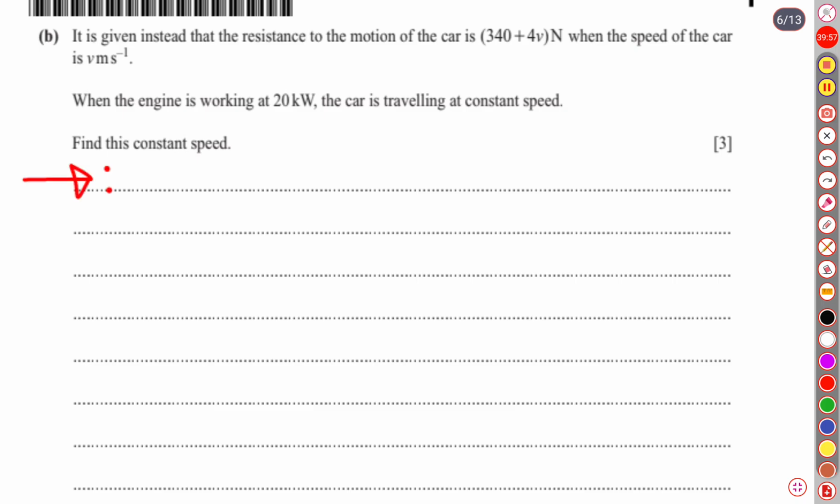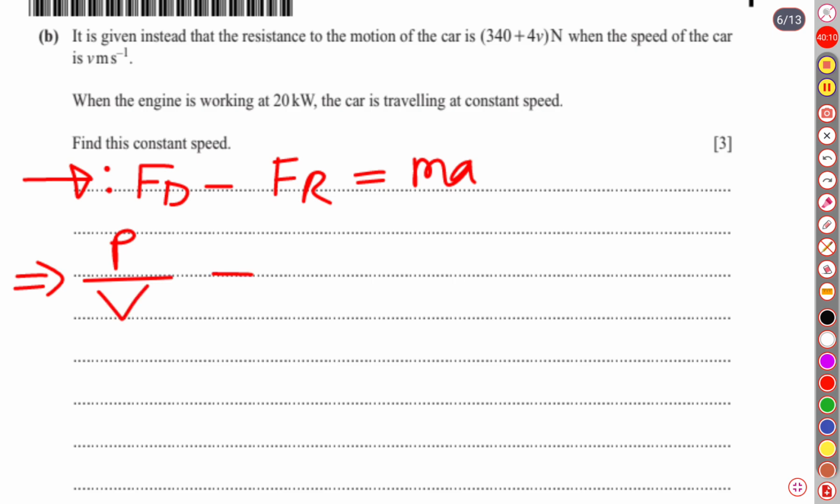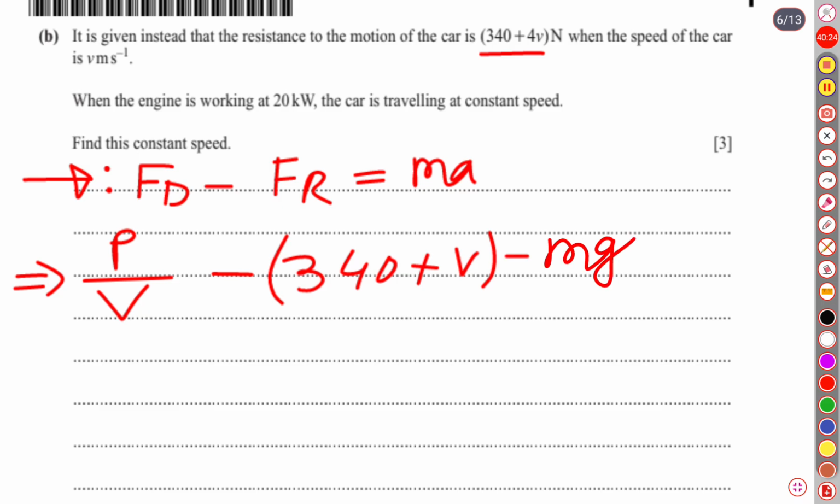So it is driving force. Our concept is driving force minus resistance to motion is equal to mass into acceleration. So driving force is power over velocity minus resistance to motion, which is 340 plus v. For weight, we write mg cos 90 degree because it is traveling on a straight horizontal road, equal to 0 because the car is traveling at a constant speed.